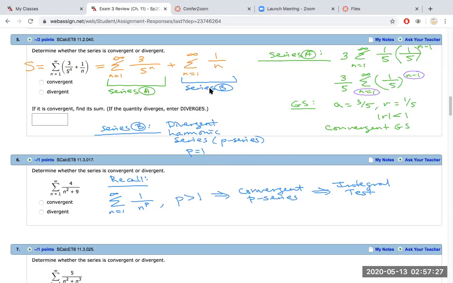So since series B is divergent, but series A is convergent, you're going to have divergent for your series S. Let's even write the conclusion in here just so it feels more concluded.